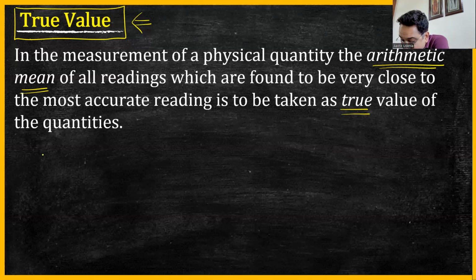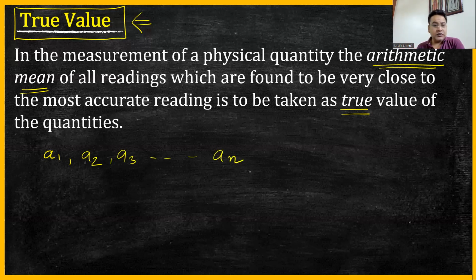For example, you are making n number of observations, A1, A2, A3 up till AN are your readings or values that you get in these different observations. What will be the true value?